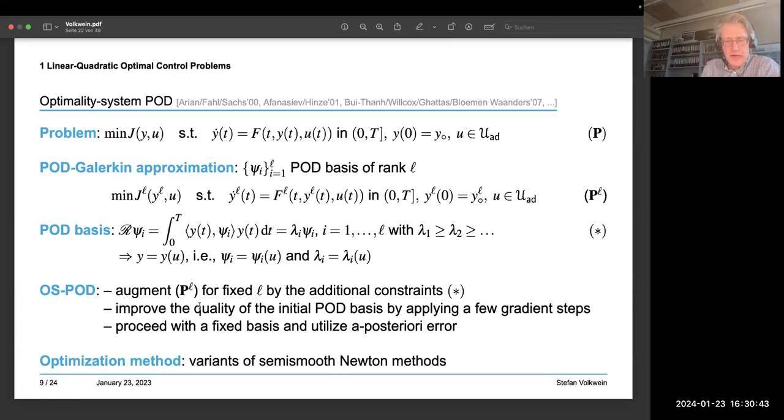So what we do is we augment our problem PL, the reduced order problem, by our constraints. So we have this eigenvalue problem, we have the state equation, the full order state equation, and then we continue to derive a gradient for the full system. And then the idea is just 1, 2, 3 gradient steps on the full system, and then we stop.